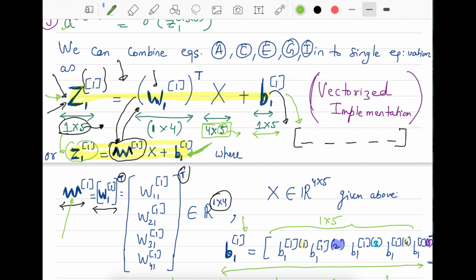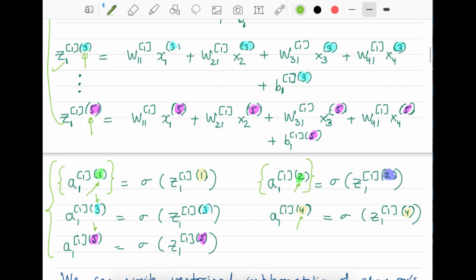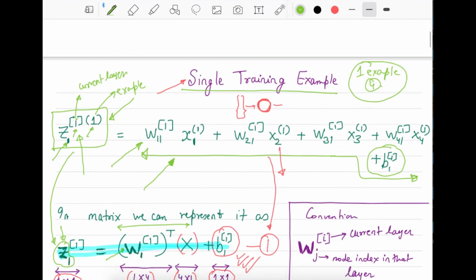We have to pass it through the activation unit. So what is that activation unit? That activation unit is given by this. Simple, right? So you do a nonlinearity on this particular vector Z1, and the dimension of this is also 1 cross 5, and each of these individual components of capital A are small a11, a12, a13, as we discussed in the convention in our first slide, as I'll show you again.